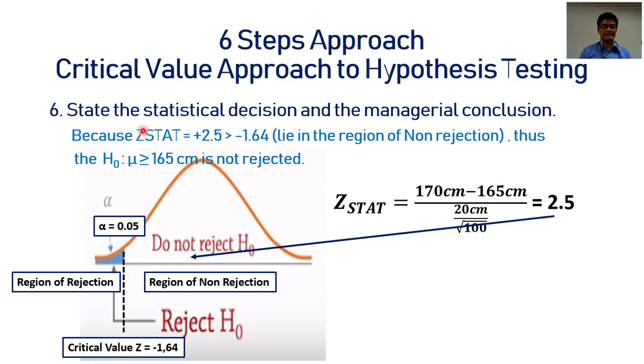Because the z statistic equals 2.5, which is larger than the critical value of minus 1.64, this infers that the statistic lies in the region of non-rejection, because it's larger than the critical value. Thus, the null hypothesis, which states that the mean height value of Indonesian citizens is larger than or equal to 165 centimeter, cannot be rejected.